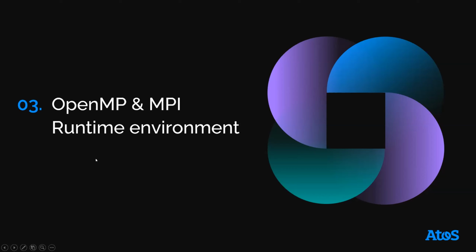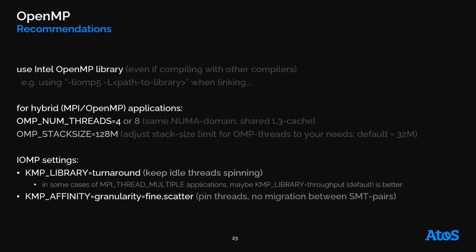And let's start with the recommended or necessary environment you need to run MPI or OpenMP applications. So for OpenMP, John already talked about how many threads you should use, and this number is 8 at max for hybrid code.